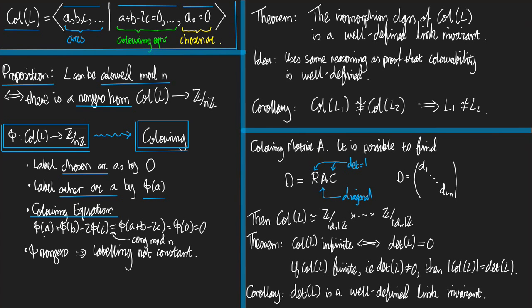So instead of adding together phi A and phi B and subtracting 2 copies of phi C, that's the same as evaluating phi on A plus B minus 2C. So I'll just apply phi to all of the elements at once instead. And now, A plus B minus 2C inside the colouring group, that's 0. This is one of our relations. We said that this quantity here is 0. So phi of this is equal to phi of 0. And of course phi is a homomorphism, so that's 0. So we've checked that the colouring equations hold at every crossing.